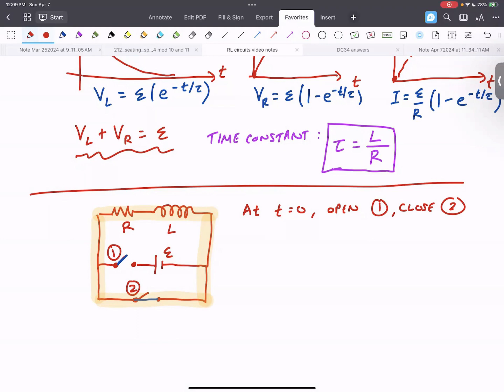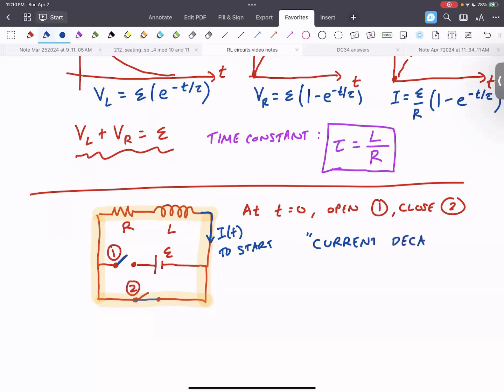But the inductor has that energy. There's a current flowing in this circuit. So initially, there is a current flow to start. So this is going to be our current decay.